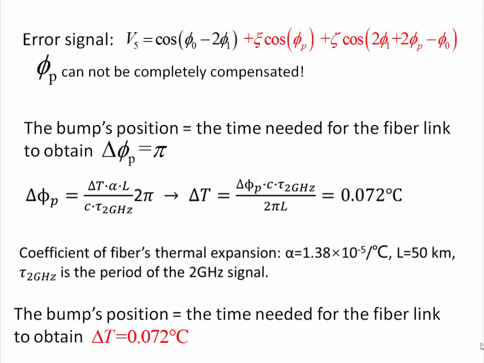Then the bump position is equal to the time needed for the fiber link to obtain delta T equal to 0.072. It means if the temperature of the fiber link changes by 0.72, it will change its phase.